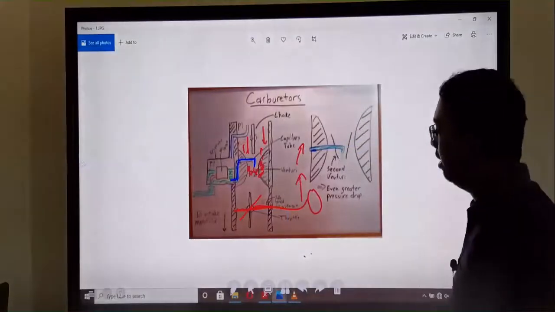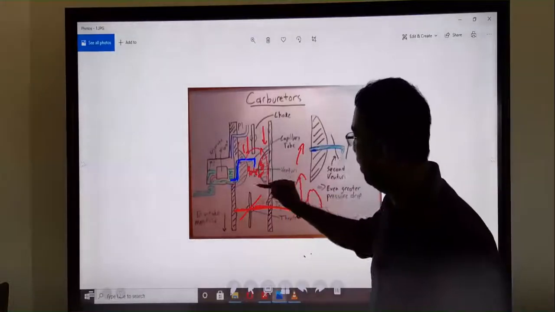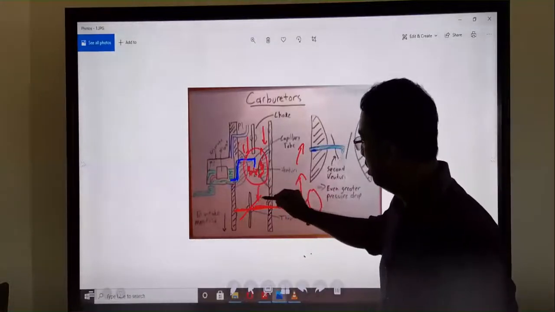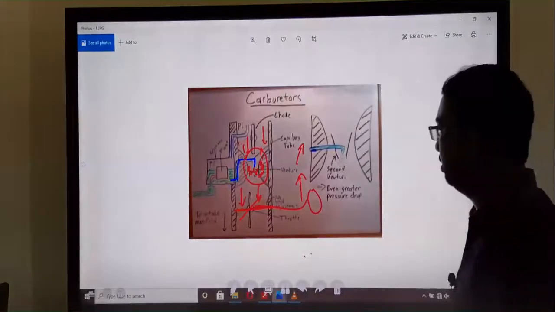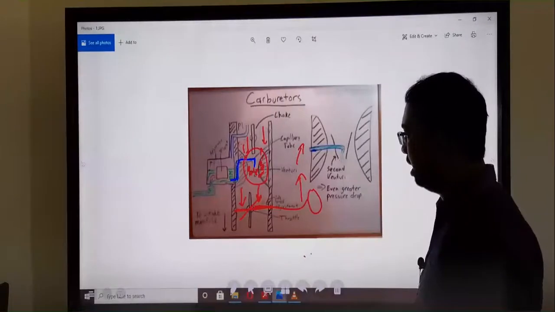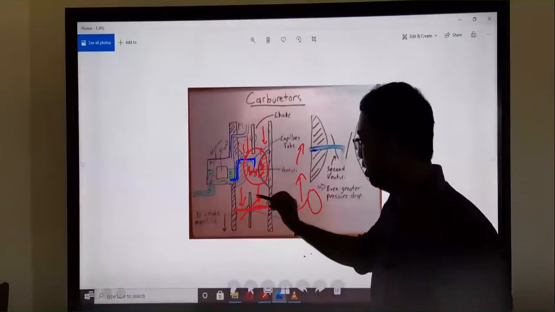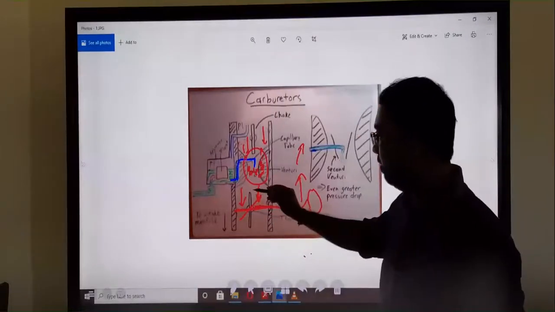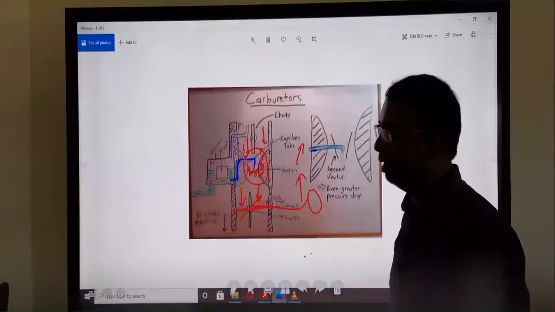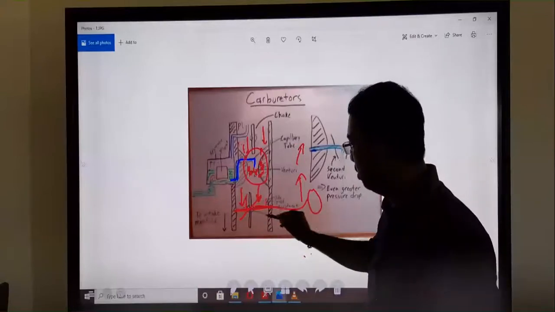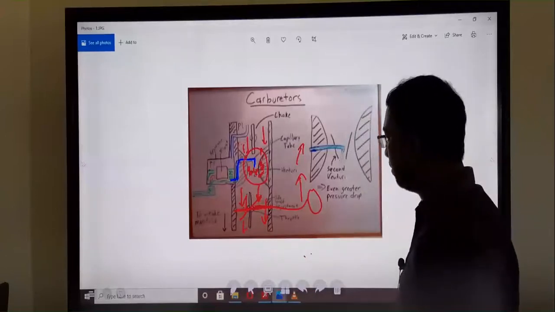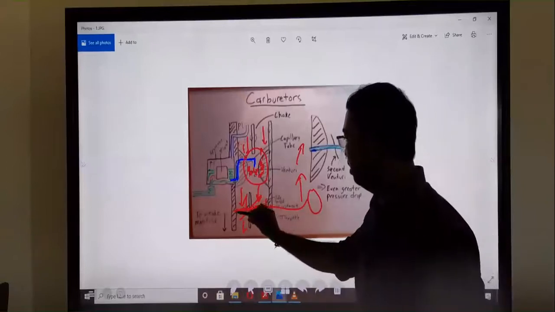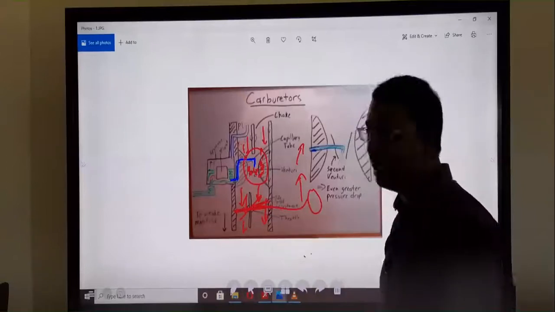Then this air-fuel mixture comes through the throttle valve. According to the speed, at high speed the throttle valve is fully open, so the mixture goes through like this. When the vehicle starts, the throttle valve is normally closed in the idle condition.